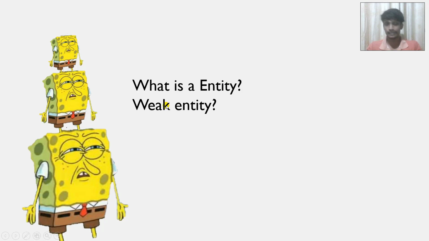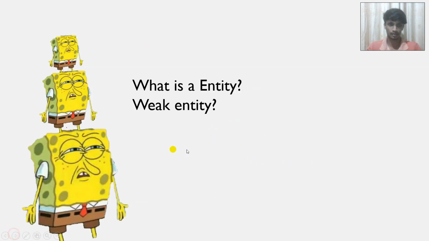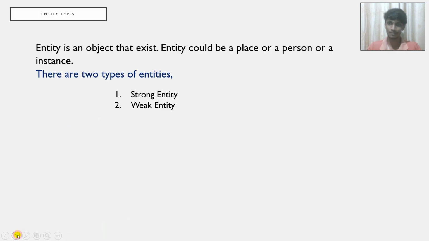So what is an entity, and what is a weak entity? In the previous slide, the entity and weak entity came up, and now we are going to talk more descriptively about them. So, entity types. An entity is an object that exists, as I have told you before. An entity could be a place, a person, or an instance.